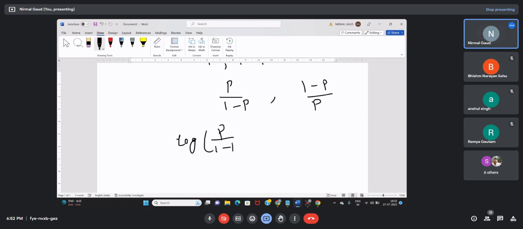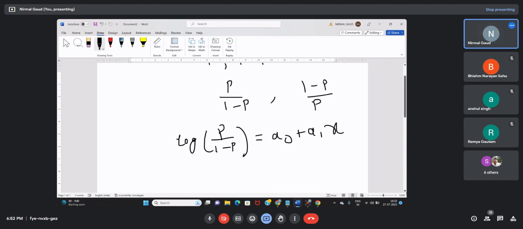We have seen this, and this should be equal to what? Your line equation. Fine, so I can have anything here as a parameter, a0 plus a1x, for example.